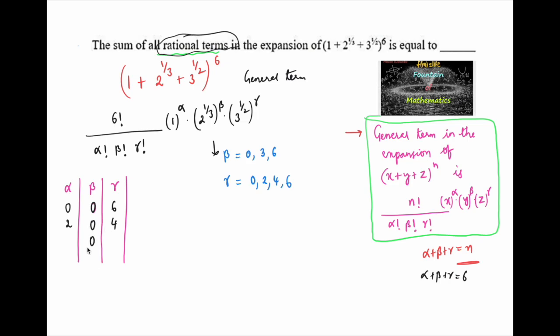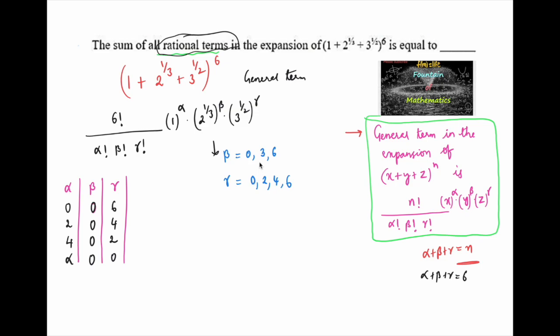And if β is 0 and γ is 2, then α can be taken as 4, so (4, 0, 2). Again if β is 0 and γ is also 0, then α can be taken as 6. So these are the 4 different possibilities when β is equal to 0.